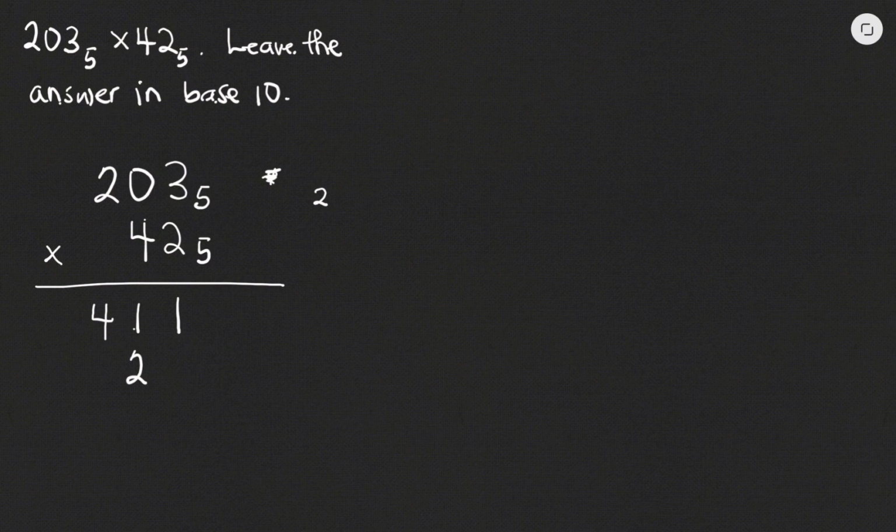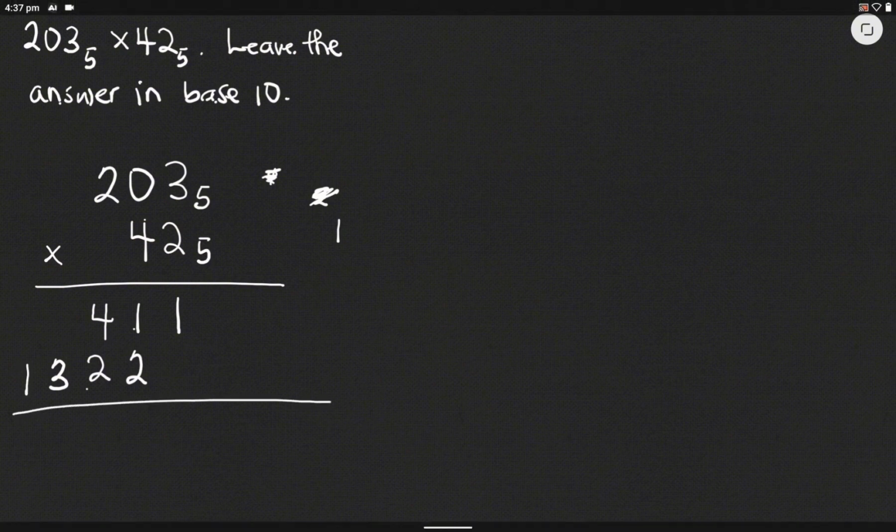Now 4 multiplied by 0 is 0, plus the 2 we carried, so it becomes 2. Now 4 multiplied by 2 is 8. Now 5 will go into 8 once, it will be left with 3, so we write down the remainder, which is 3, and then remember we have 1 over here that we carried, so we have 1 over here.